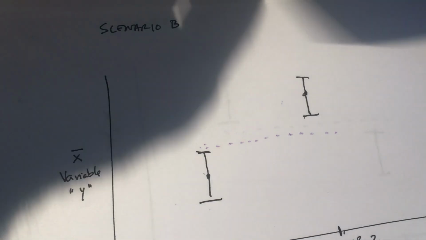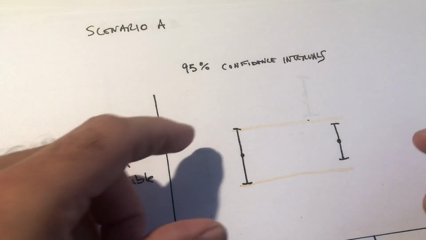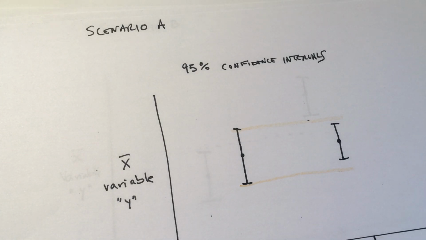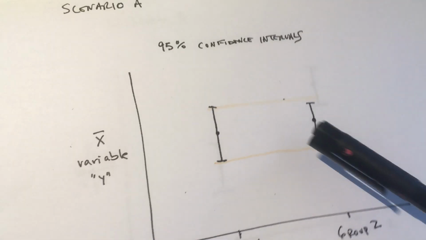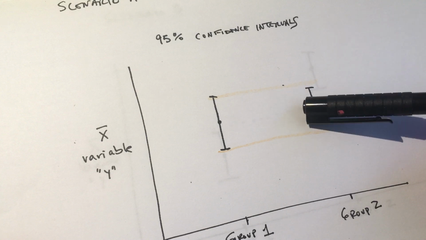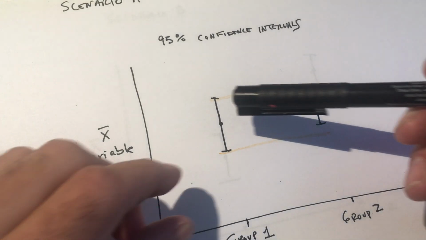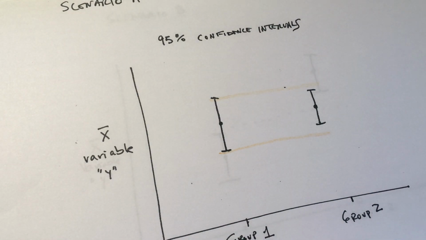And then under scenario A, the two intervals are within each other. They don't have to be perfectly aligned; one can be smaller than the other. But that means that we're not confident that these two groups are different for the variable we're examining. Well, I hope this was useful.